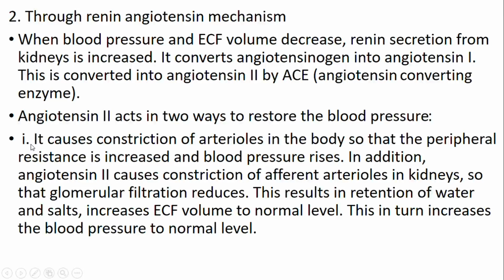First, it causes constriction of arterioles in the body so that the peripheral resistance increases and blood pressure rises. In addition, angiotensin 2 causes constriction of afferent arterioles in the kidney so that glomerular filtration reduces. This results in retention of water and salt, increasing the ECF volume to normal. This in turn increases the blood pressure to normal.